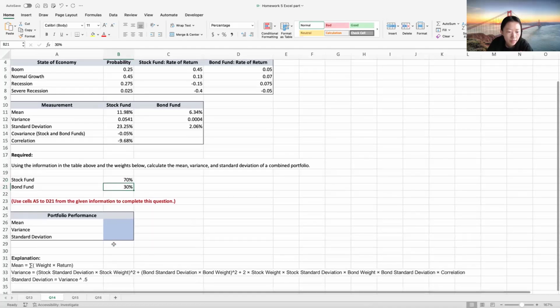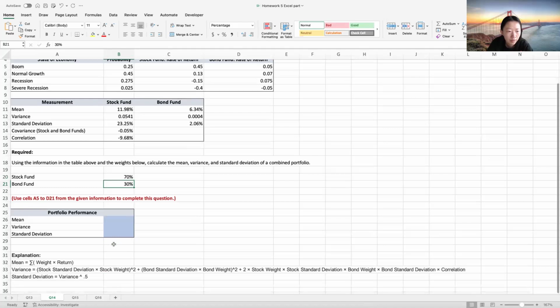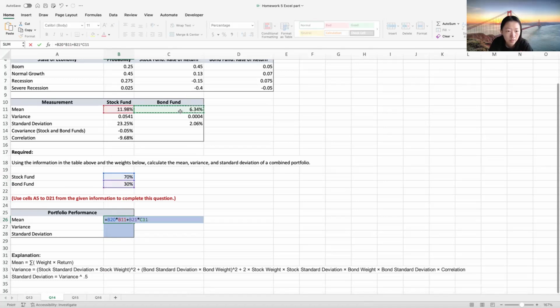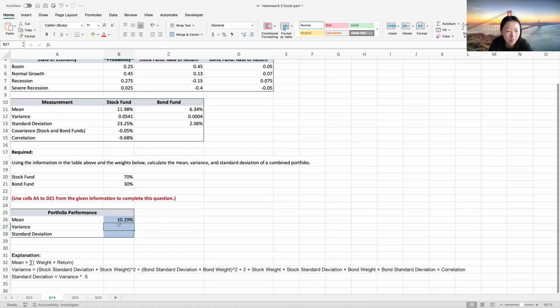So this will be very similar to a portfolio of two stocks. So we have two risky assets here, stock and bond, equals the weight times return plus the weight times the next return. So that will be the portfolio return for a portfolio that has stock fund as well as bond fund, and the weight is 70% versus 30%.